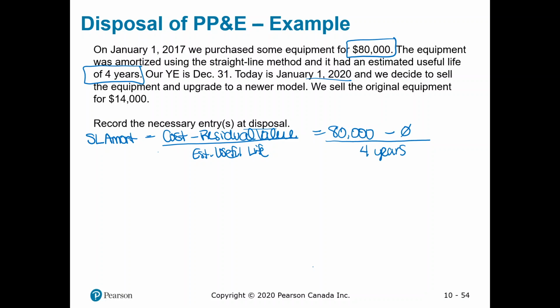So we divide that by 4, and 80,000 divided by 4 is $20,000 per year. So for the start of the life of this asset, however long we had the equipment, we're recording $20,000 per year. So now we ask ourselves, how long have you had it?